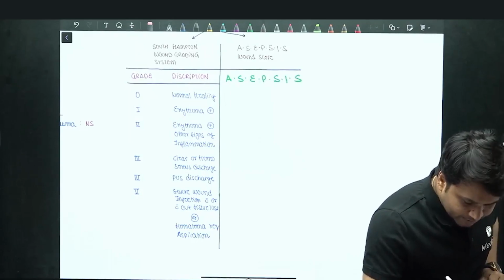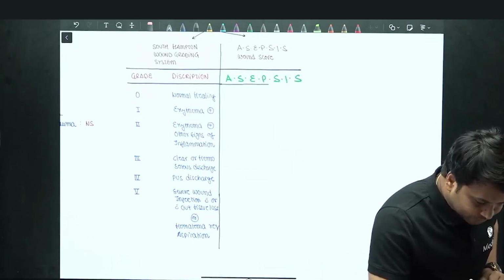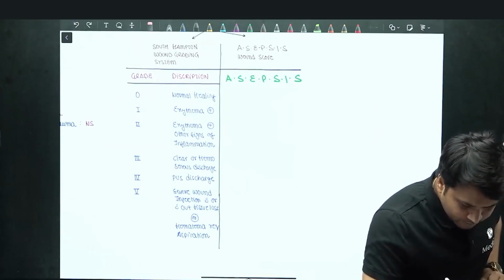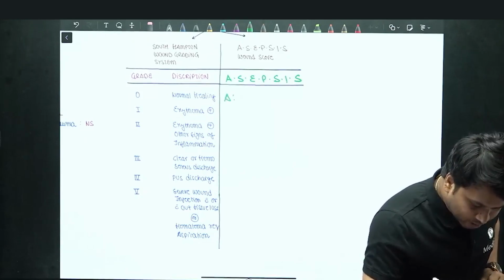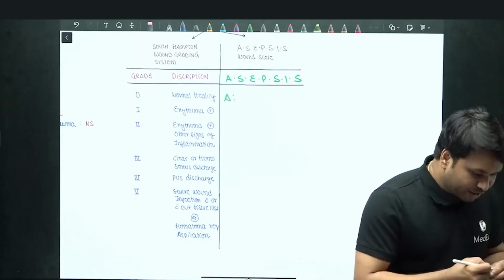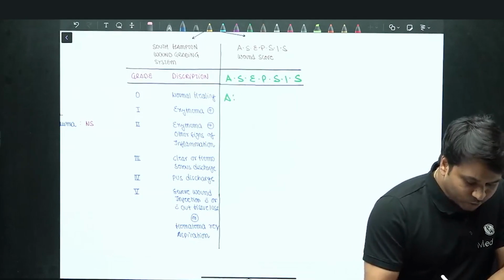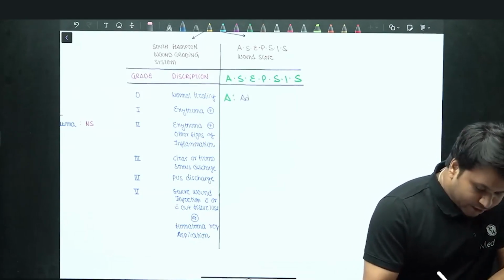So when you look at the ASEPSIS criteria, A stands for requiring additional treatment for wound healing.